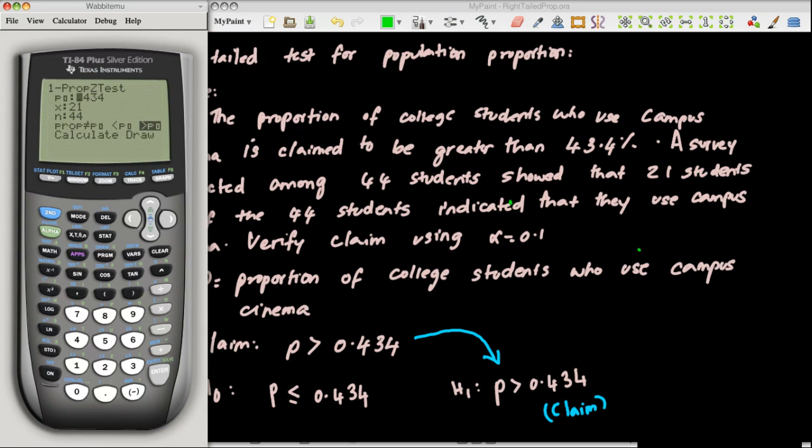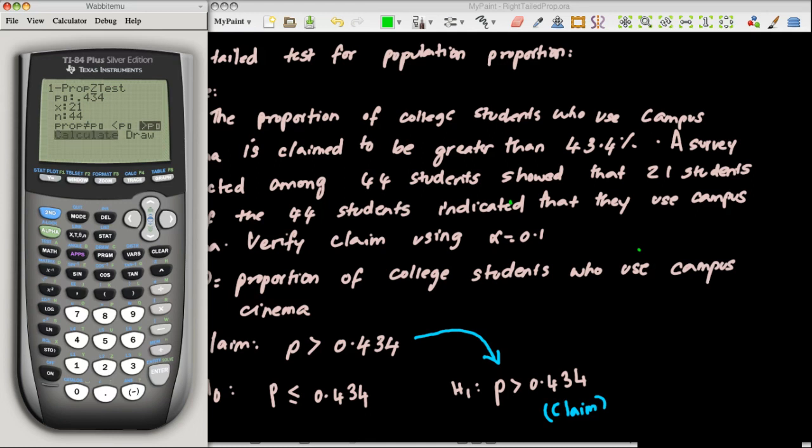P naught is 0.434, which is the claimed value, greater than 43.4%. The number of students who use campus cinema out of the 44 is 21, so x is 21, n is 44, and you have to select the type of test. I have selected the third one because clearly by looking at the alternative, this is a right-tail test.